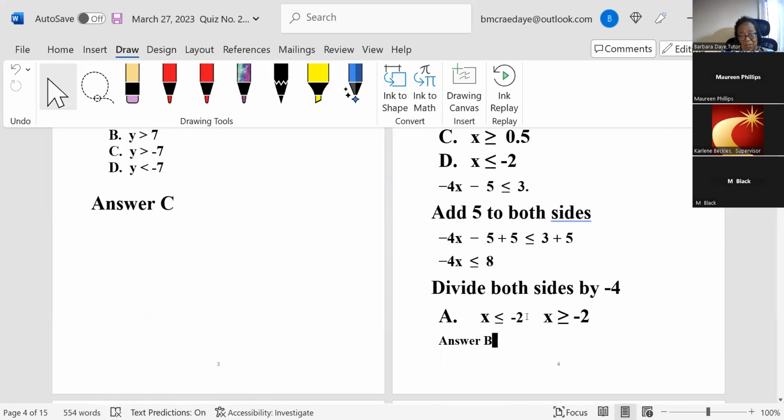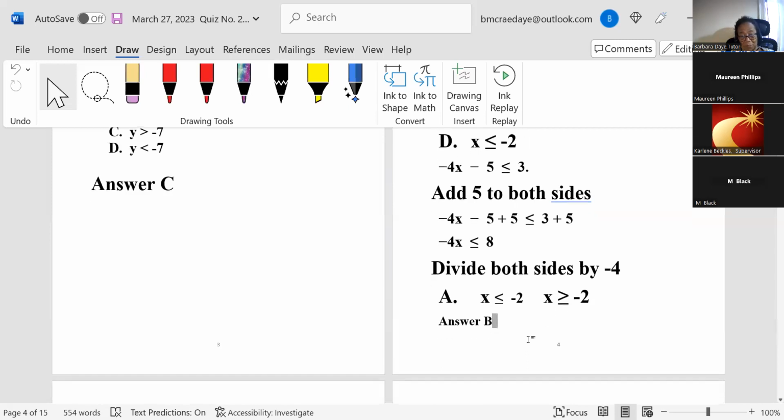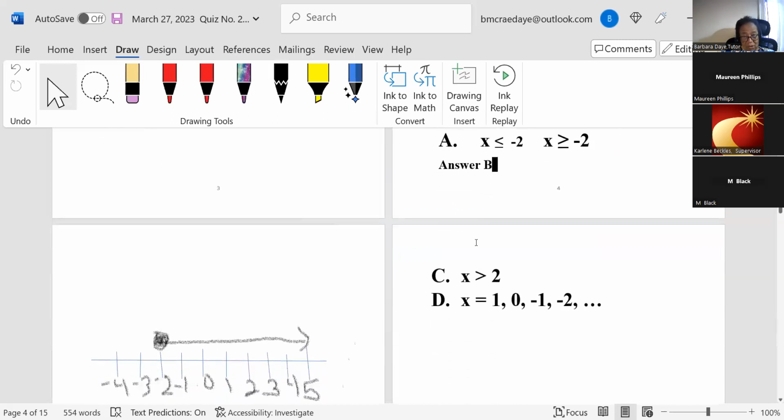But it's not the less than or equal, it's the greater than or equal because you divided by the negative. So that's probably why you went in the other direction, because you got X less than or equal to -2. So it would be that direction. You got it? Not fully.